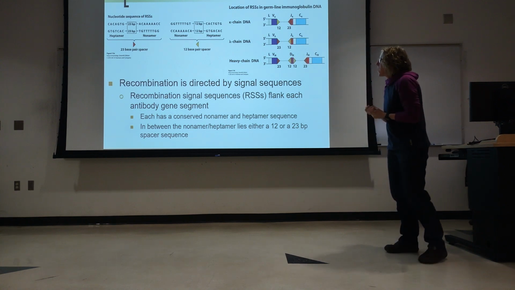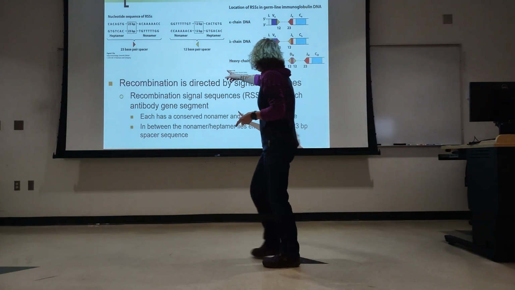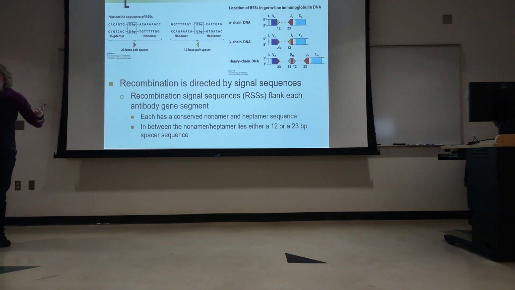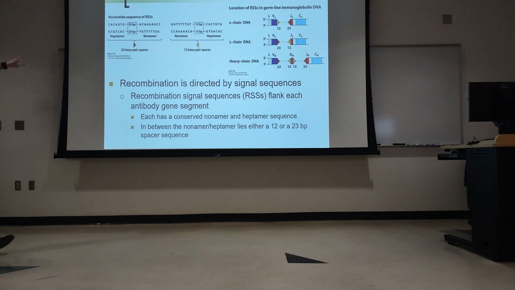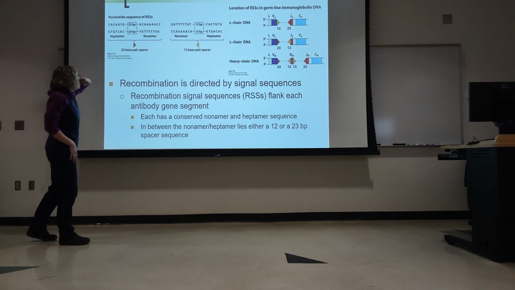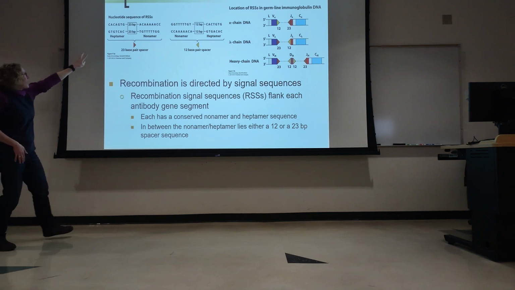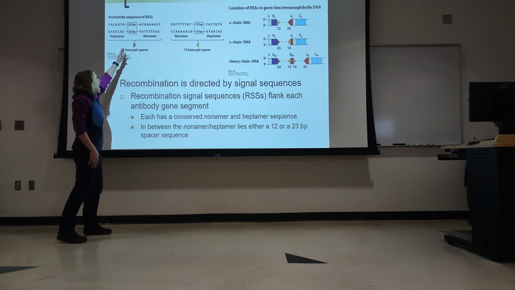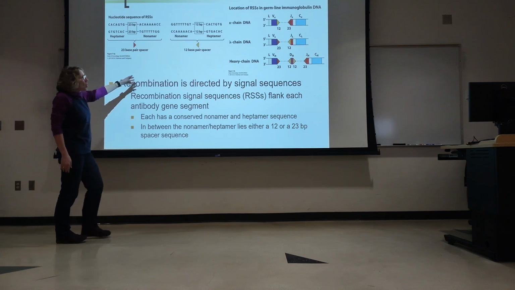This tells us. So we have what are called recognition signal sequences, and these follow a pattern. We have a heptamer nonamer pattern that happens with 23 base pairs. This is usually at the end of a piece of coding information.